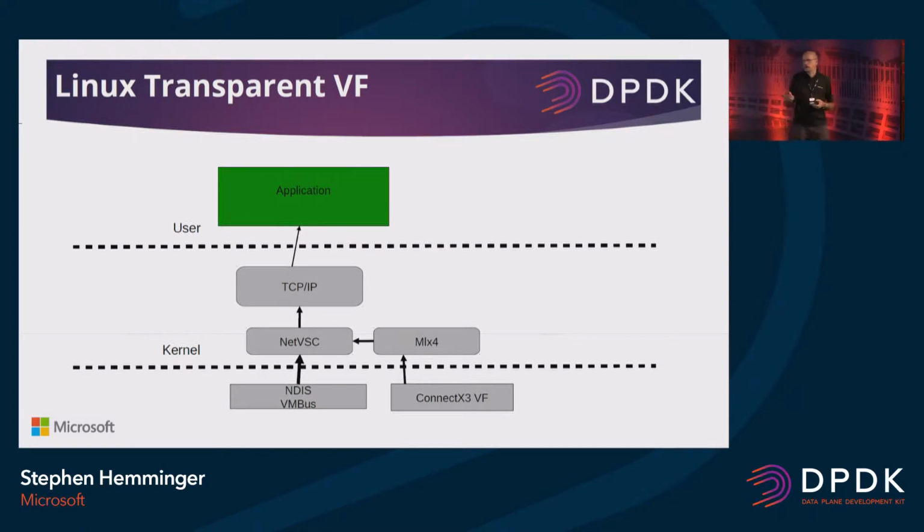And the fallback path is a synthetic network that's been around in Hyper-V for years. And this is how we present that to you in Linux. We present it with a Netvsc device, which is eth0, and a PCI device, which is the Mellanox driver with ConnectX-3, that both are merged in the Netvsc device and set up the stack.